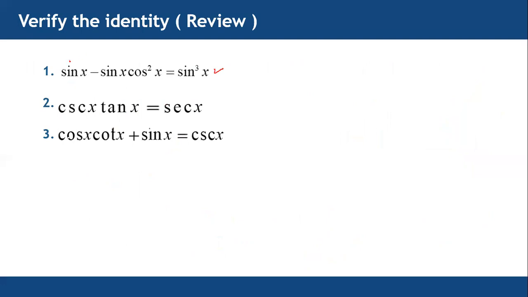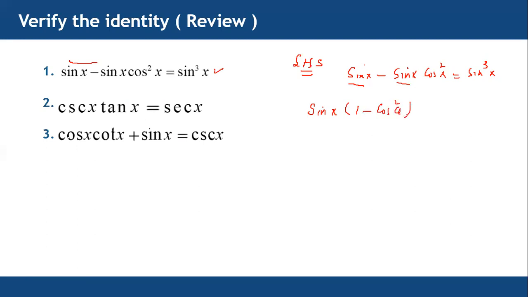This one is your left hand side, which is sin x minus sin x cos square x. What is common here? Sin x is common. So sin x times 1 minus cos square x, equal to sin cube x.